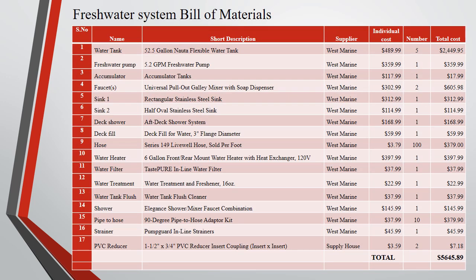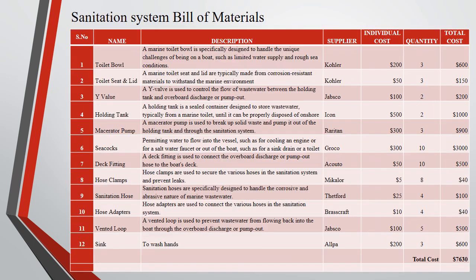Following is the freshwater system's bill of materials produced by Nayeli Castruita. We've included items starting from the water tank down to the PVC reducer, and the total cost came down to be $5,646 for all the items needed.